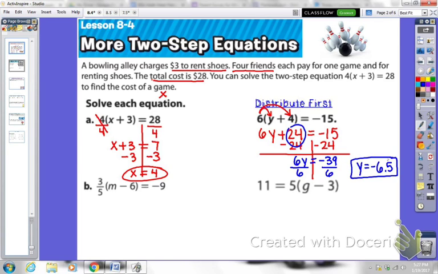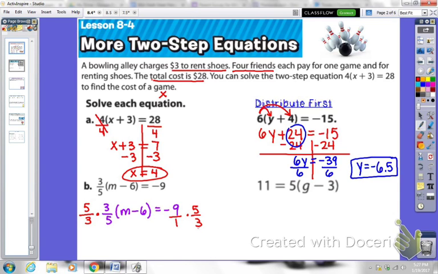Part B, I'm going to solve again using the 1-step method. To get rid of the fraction out front, I'll rewrite this. We talked about getting rid of a fraction before, and the easiest way is to multiply by its reciprocal. So flip it, 5/3. I can put this over 1, multiply by 5/3.